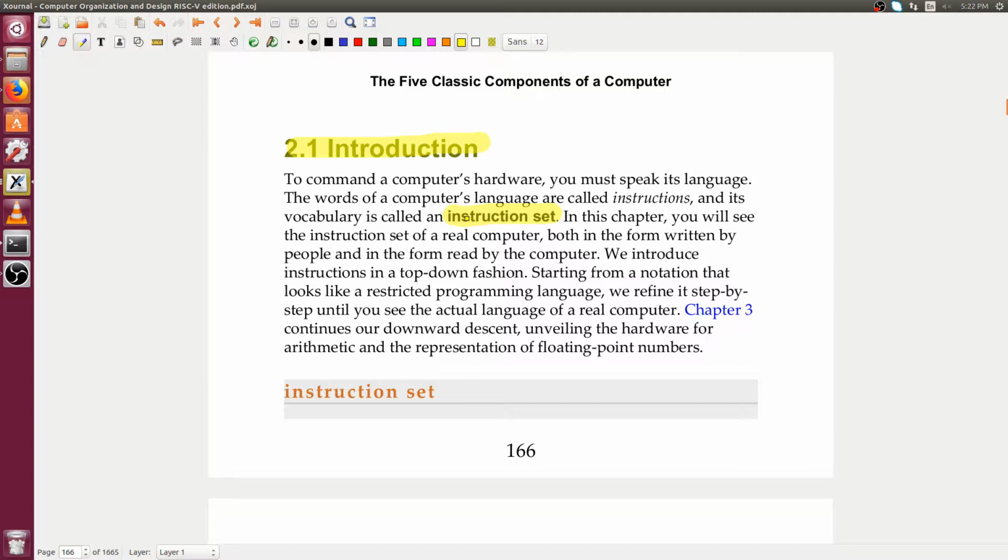Just like the alphabet is used to build words, the instruction set is used to build programs. In this chapter, we're going to go over the instruction set of a real computer, and we're going to look at both the form that's written by people, in this case some examples of how it's written in C, how it looks in assembly, and then what the actual processor sees, which is the assembly that's assembled down into machine code, which is ones and zeros.